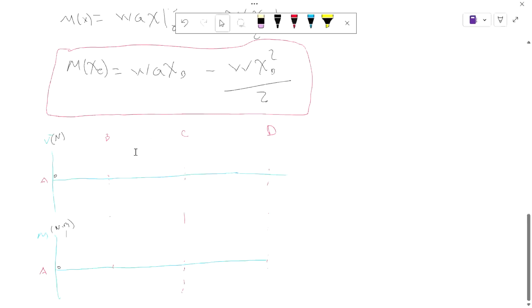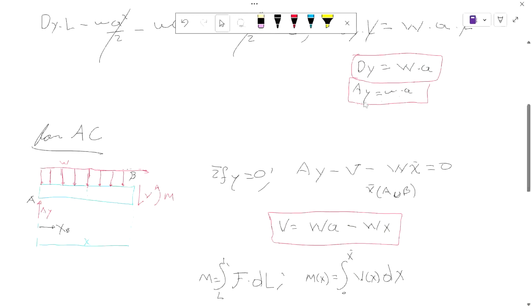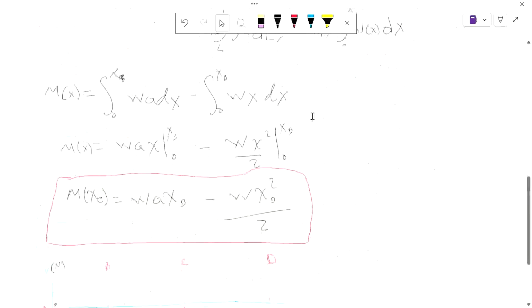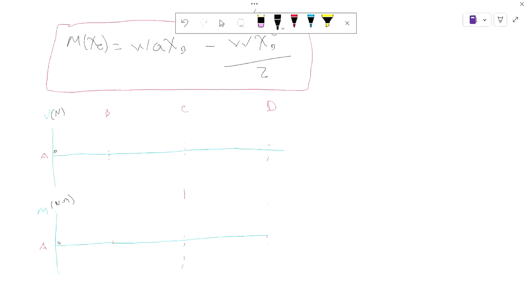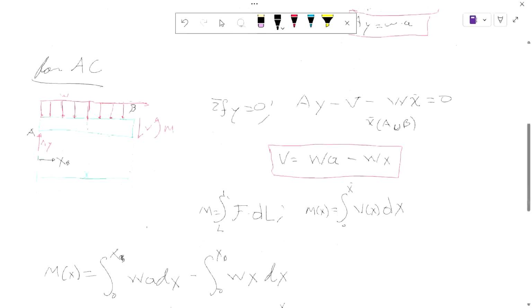All right, so let's start with the shear from A to B. We have that the value of AY, sorry, is WA. So WA right here, whatever that value is. And if we take a point after B, after the load, we actually did that part too.